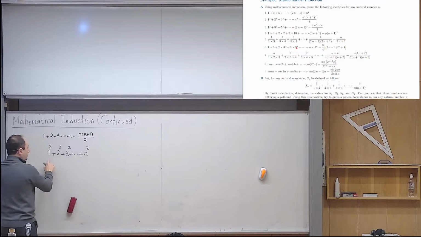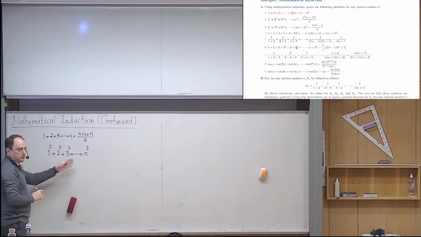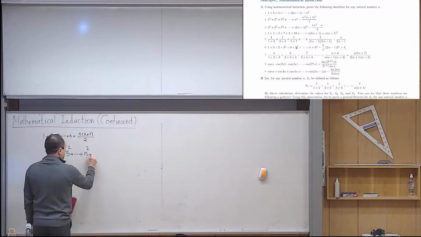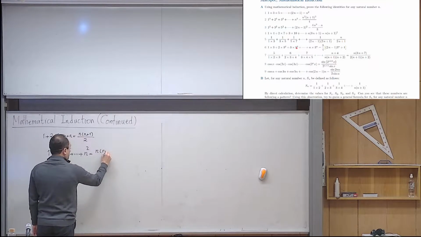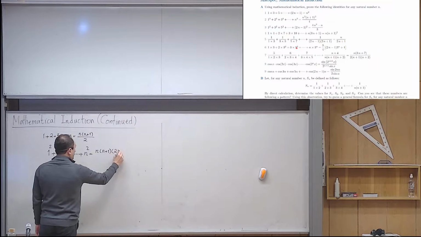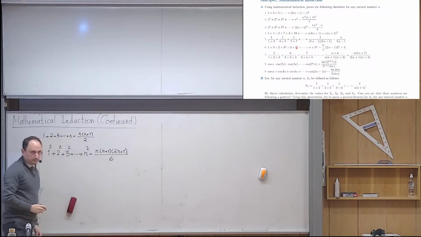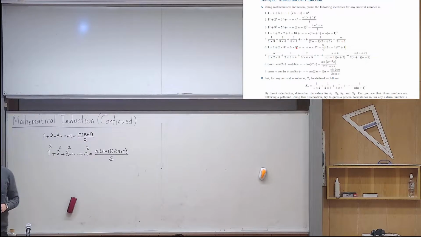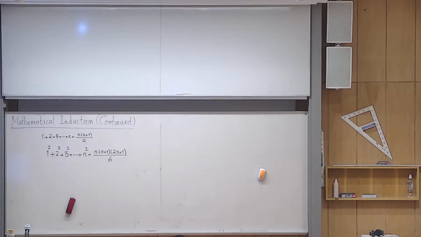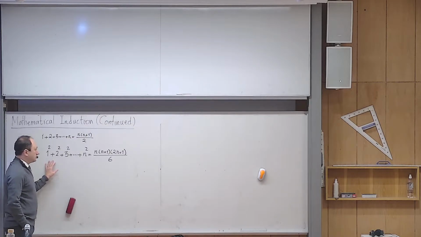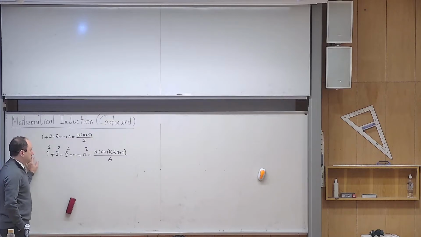I want to show that if I add the squares of natural numbers, then the number becomes n times n plus 1 times 2n plus 1 divided by 6. So this is our goal. First let me prove this, and then we go back to what I wanted to solve first.